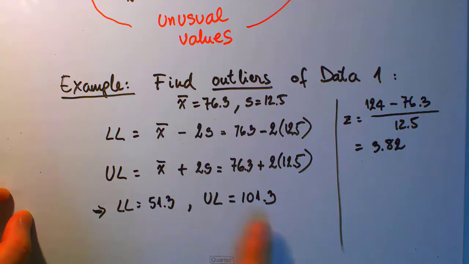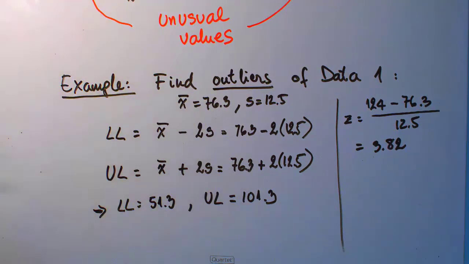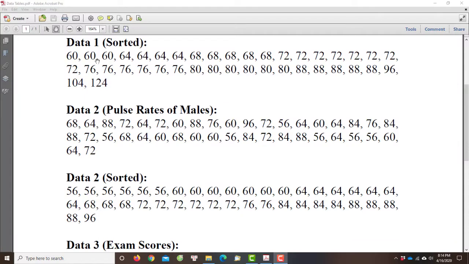If we now look through the entire data 1, which is here, then 60, the lowest value, is still completely contained inside the lower limit. And up to 96 here, it's still being contained exactly inside the limits as well.